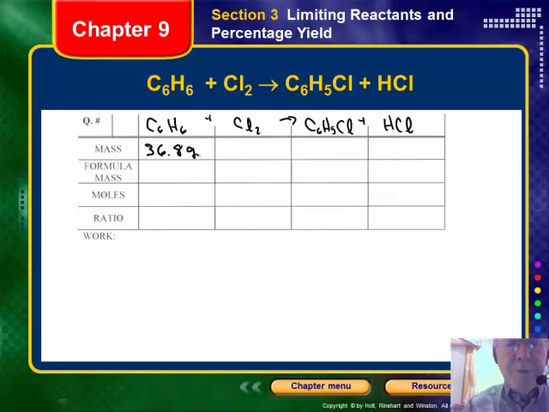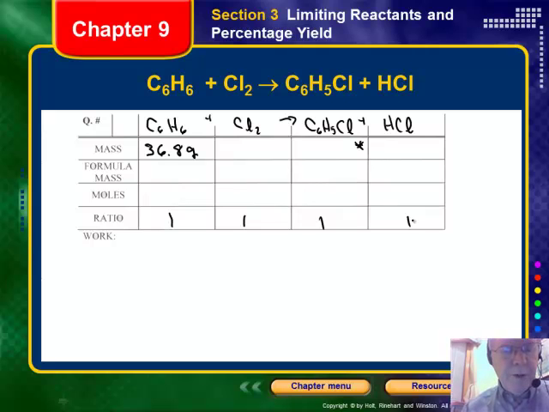So we have 36.8 grams of the benzene, and we need to know the theoretical yield of the chlorobenzene. So we'll put our formulas in here. And now we're going to have to calculate the formula mass of the benzene, which is C6H6.